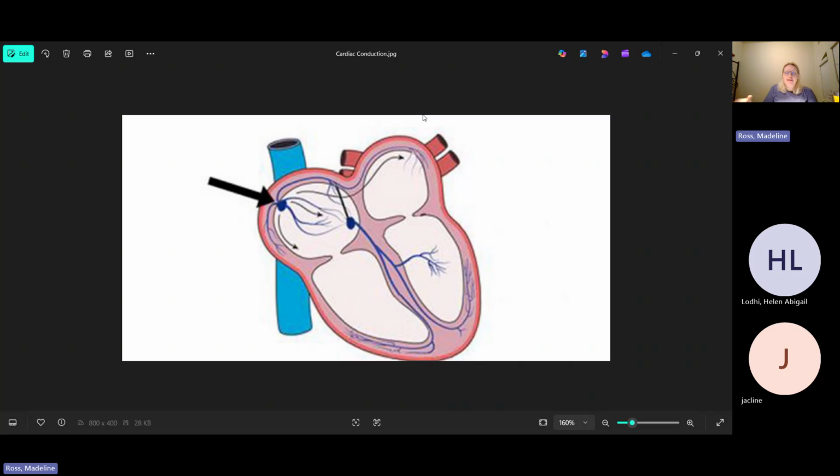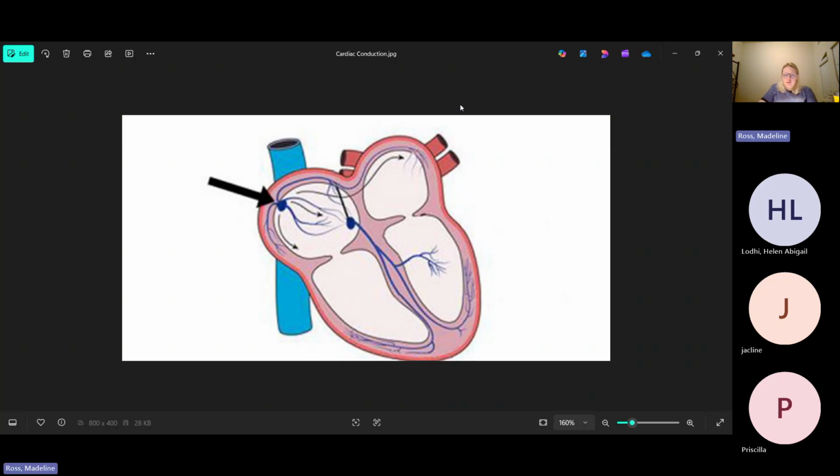Each one of these will cause EKG changes, and will cause lots of issues if it gets too far outside of the range that is normal.